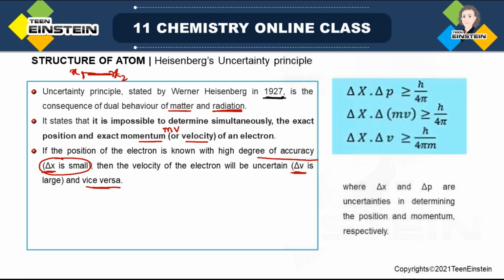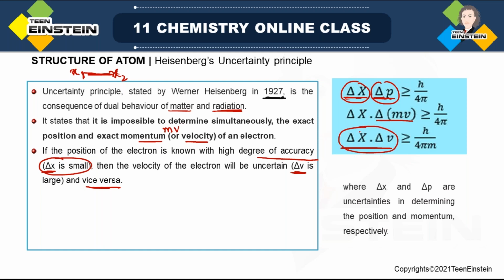Fine. We express it in this way, del x into del p, but del p you can break it like this, del x into del mv, and m you can put outside of the del. So ultimately it will be del x into del v on the left hand side. These two quantities, each is an uncertainty, because both are ranges, a position range and a velocity range.